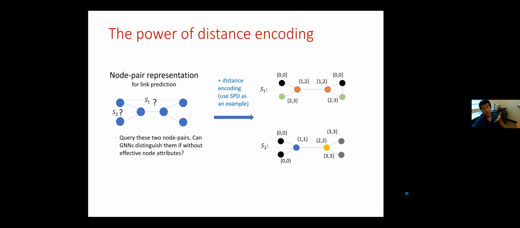Note that here the target node set is a pair of nodes, so the distance encoding is also a pair of shortest path distances from this node to the two nodes in the target node set. Obviously, the two target nodes will generate different distance encodings as shown here, so these two node pairs can be distinguished.